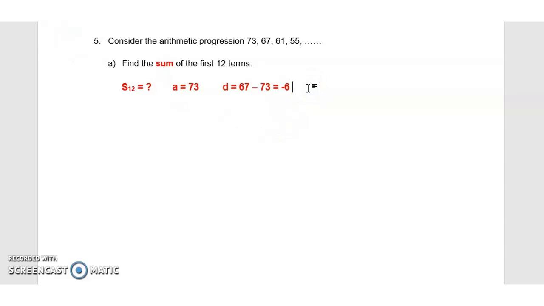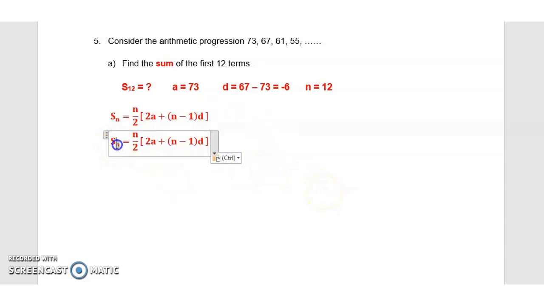Okay, now we want to find S12, so n here equal to 12, the sum of the first 12 numbers in this sequence. Use the formula for the sum: Sn equal to n over 2 multiplied by 2a plus n minus 1 d. Substitute the respective values.